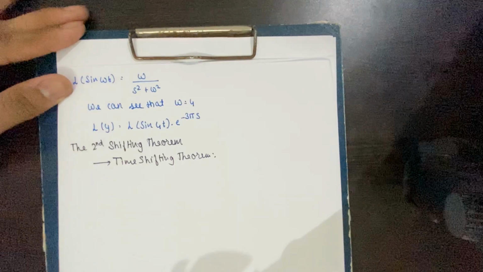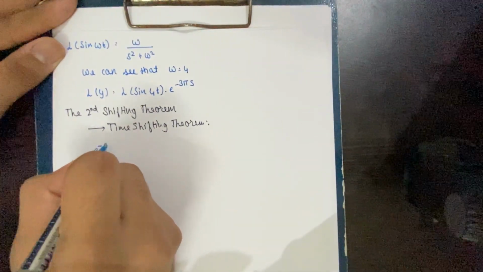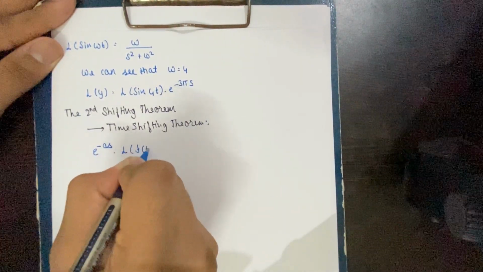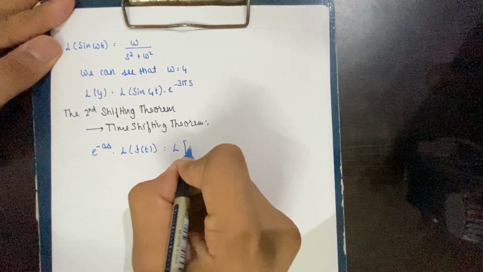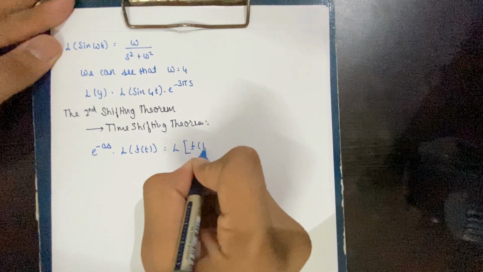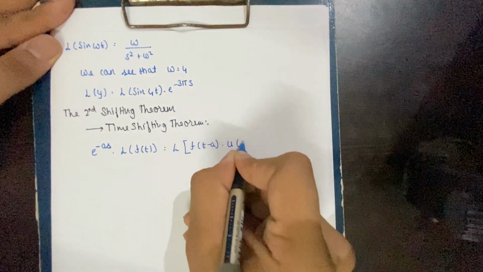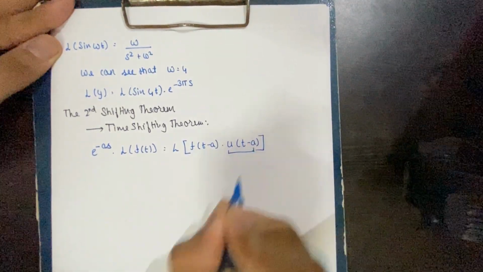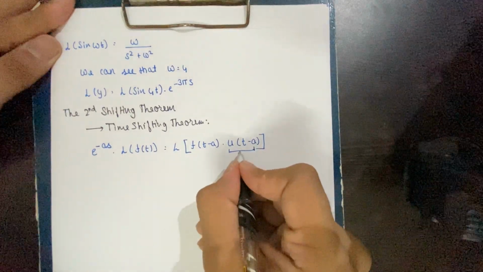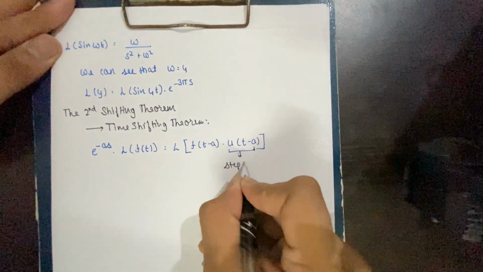One of the results of the time shifting theorem is e power minus a s times Laplace of f of t, a function, any function of t, equals Laplace of f of t minus a times u t minus a, where this is a step function.